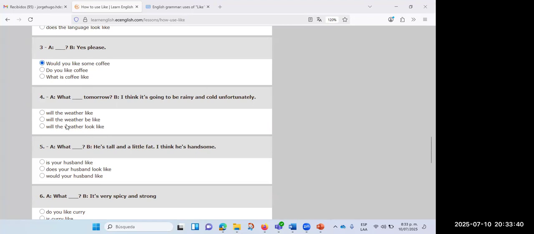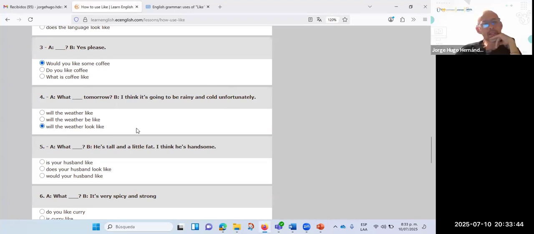Will the weather look like? And here, we are going to answer, it's going to be rainy and cold, unfortunately. Valentina Castillo, do you agree with Flor Marina? Is it the right one?